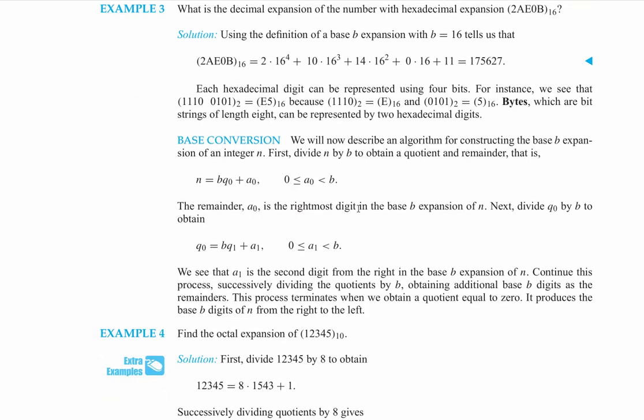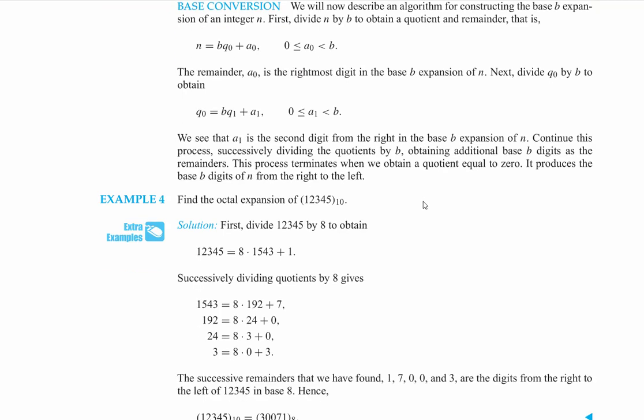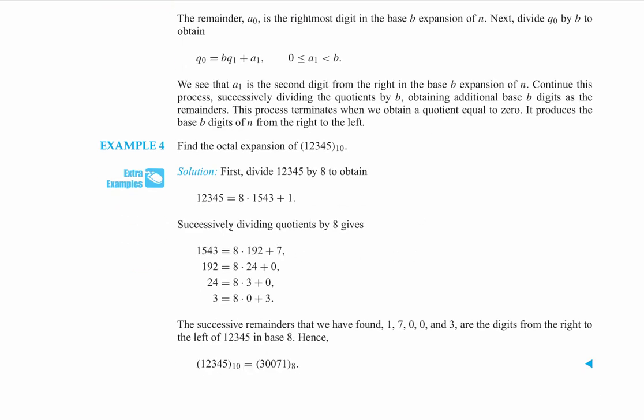Okay, and in the other direction, you're using the division algorithm, so keep dividing by the base, getting quotients and remainders. So 12,345, converting that to base 8. So divide by 8 and get a quotient and remainder.